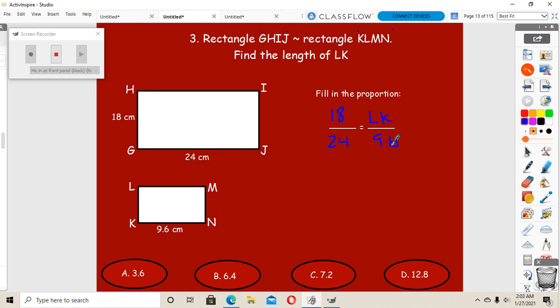Now we're supposed to find the unknown value, that is LK.